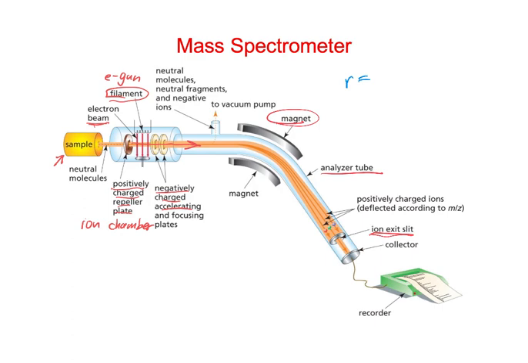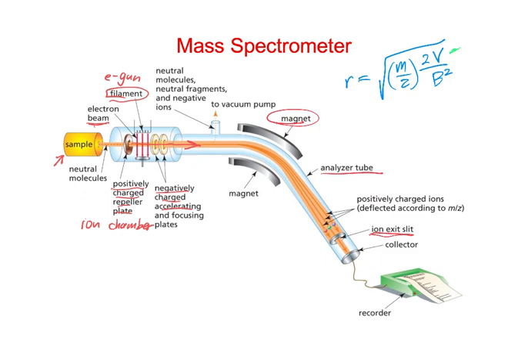I was looking these up this morning. I saw some slightly different versions of this equation, so I don't know which one was exactly right, but I think the trend is going to be the same anyway here. So the radius equals the square root of the mass to charge times 2 times V over B squared.